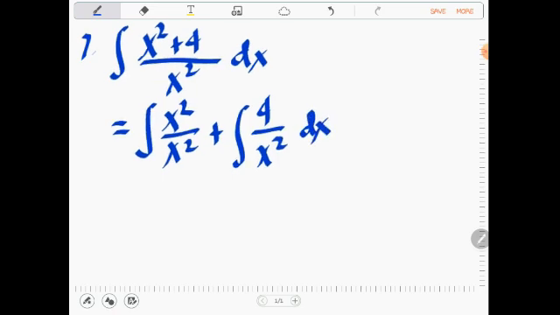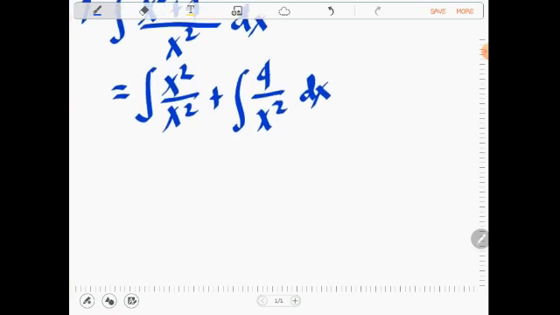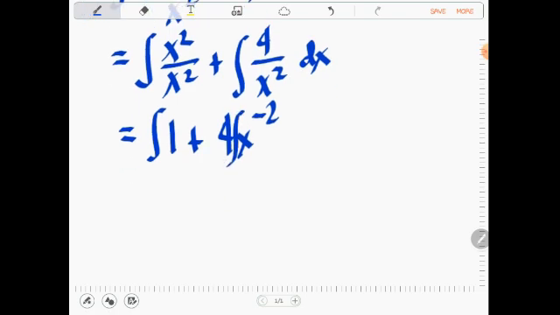So, alam natin na yung x squared over x squared is 1. Okay? So, this should be 1 plus 4x raised to negative 2. Pero ito ay magmumultiply pa tayo dito. So, ito ay meron pang integral. Mag-integrate pa tayo dyan. Plus the arbitrary constant c. dx muna dahil mag-integrate pa tayo.